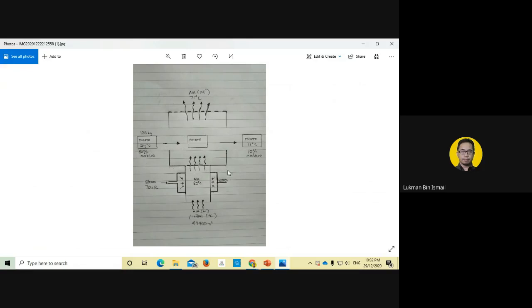And the hot air is being heated by steam at 70 kilopascal, so air has been heated in this heat exchanger from the room temperature 21 degrees Celsius and going out to the dryer at 80 degrees Celsius. Very nice diagram from Zakrul.